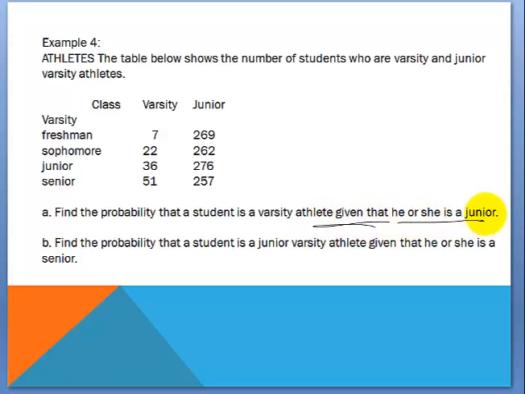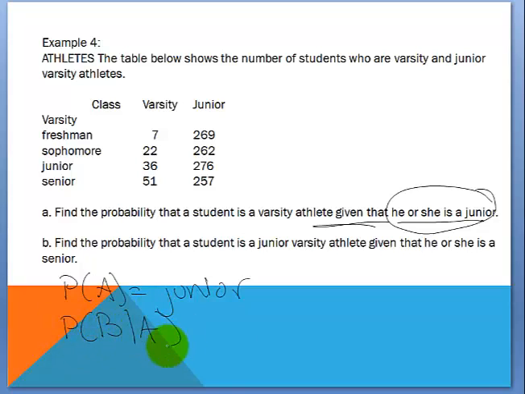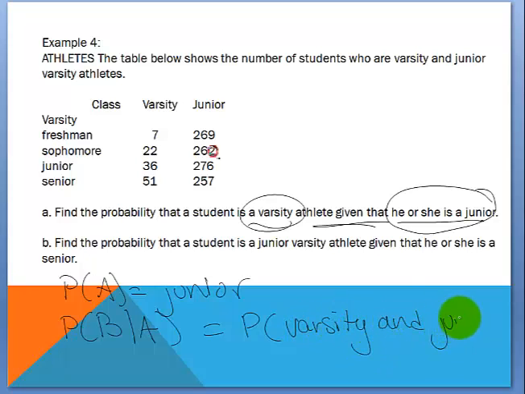So what comes after the given is event A. So the probability of event A is that they're a junior. And then we want to find the probability of B given A. So that's really the probability that they are varsity and a junior over the probability that they're a junior.